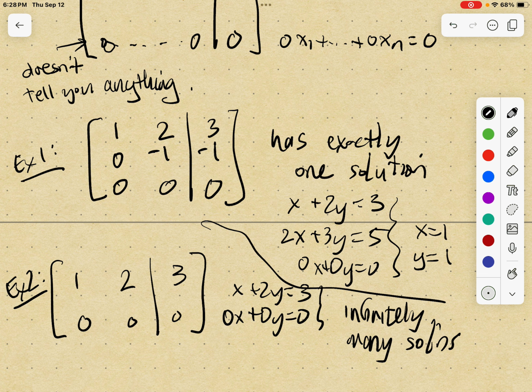Okay, fine. The point is that this first system has no free variables, whereas the second one does have a free variable. Because you have two pivots, a pivot here and a pivot here, whereas the second example has only one pivot.